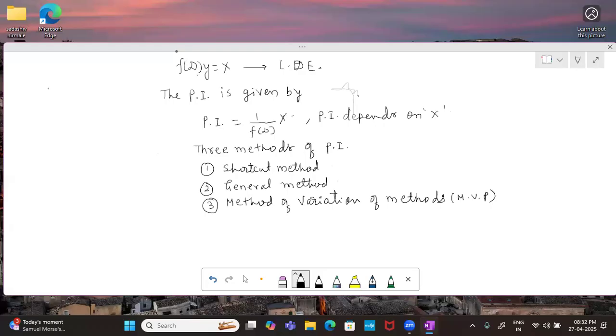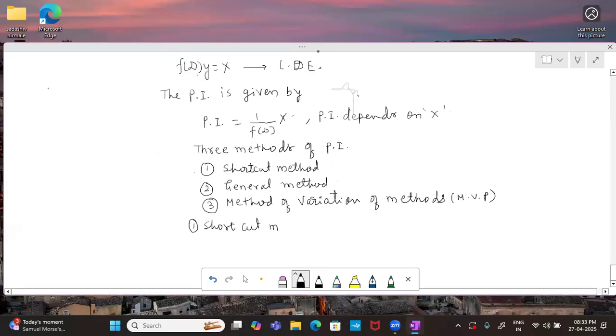Otherwise, we try to solve the PI by the shortcut method and the general method. This is shortcut and this is general. So in the shortcut method, first one is Shortcut method, Rule number one.